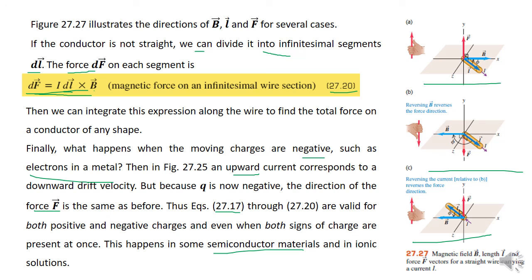Whenever a semiconductor carries some current I and is kept in a magnetic field, the direction of the force will be the same for both positive and negative charges. The same situation also occurs in ionic solutions. So thank you very much.